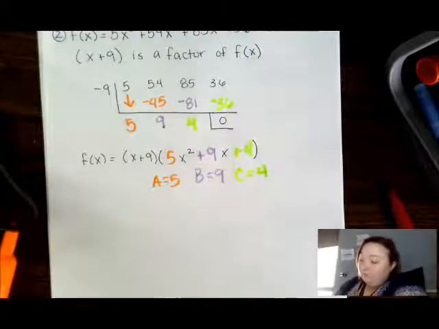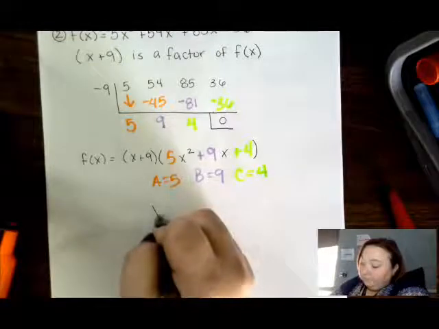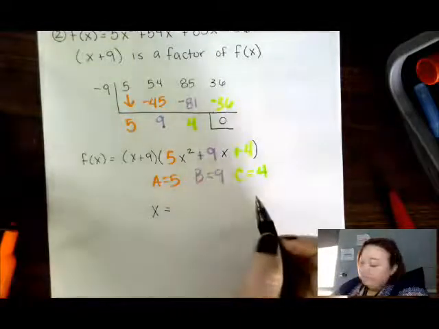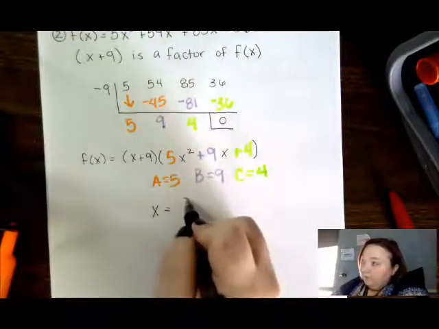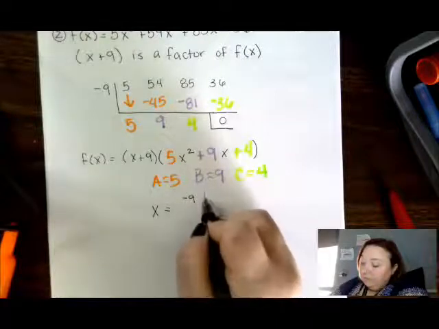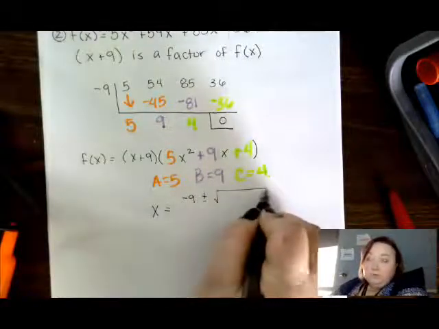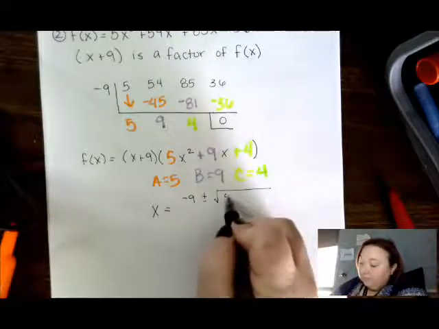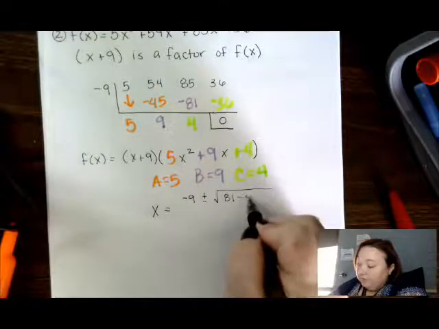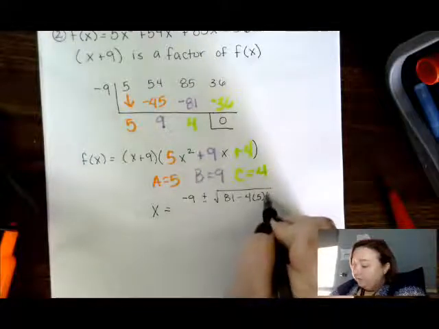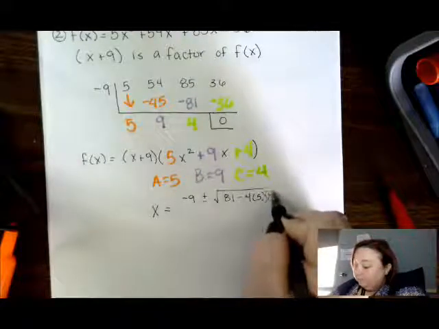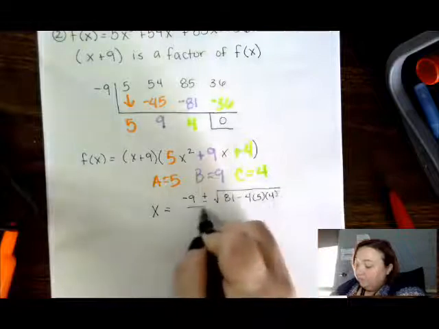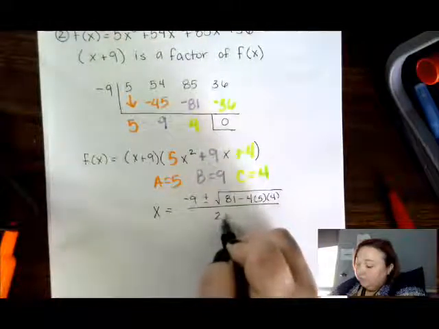So, going into the quadratic formula, opposite of b, so negative 9, plus or minus square root, b squared minus 4 times a times c, all over 2 times a.